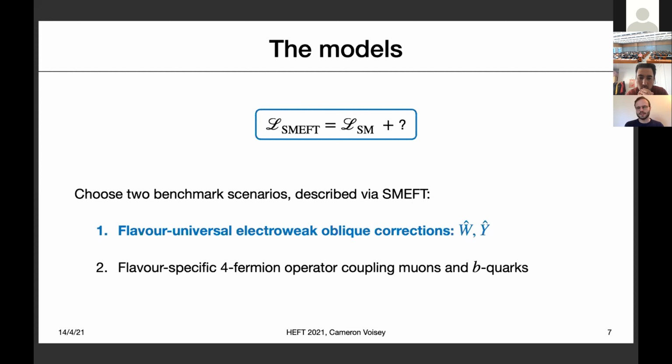So we have these two operators, these two Wilson coefficients W and Y, which I'll talk about more in a second. And then we also have a flavor-specific four-fermion operator, which couples muon pairs to bottom quark pairs. And this was motivated by the anomalies in R_K*, for example. I haven't got time to discuss both models in this talk, so I'll just focus on the first model in what follows.